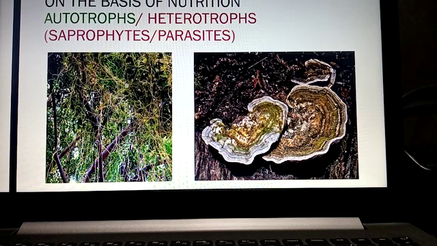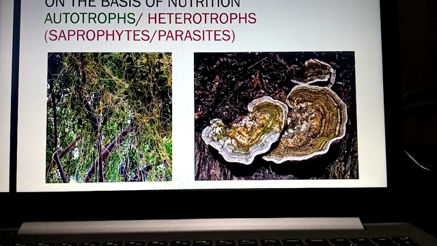They live on other organisms, other bodies, and it acts like a host. The plant which is giving the food becomes a host, and the parasites become the guest on that, children. So they feed on other living bodies. Examples are dodder, amarbel and orchids.